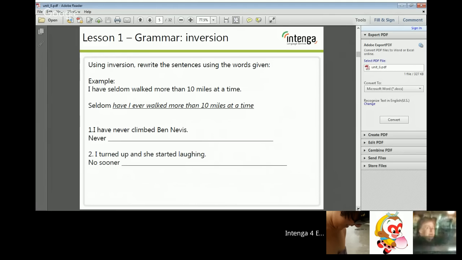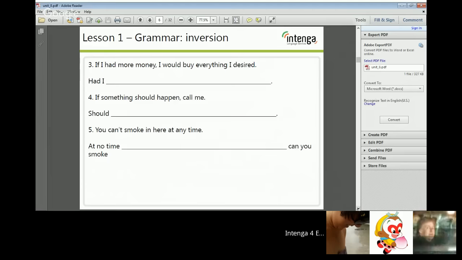All right, well, let's see if we can get the rest of these, okay? So number 3 says, if I had more money, I would buy everything I desired. Any ideas for had I?